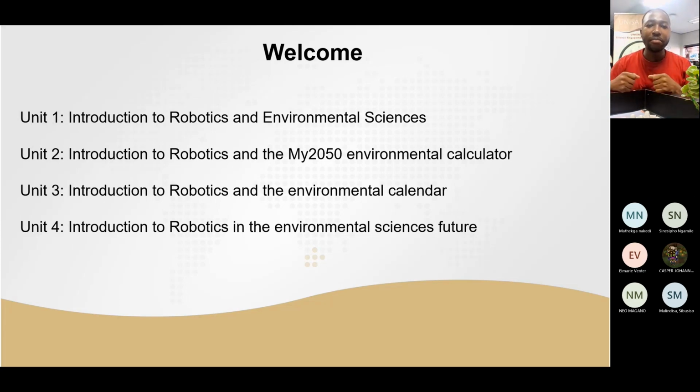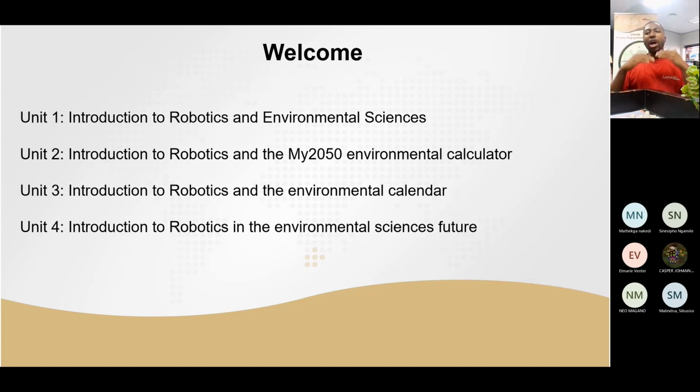introduction to robotics and the My 2050 environmental calculator. So here I spoke about the simulation app that we use to highlight climate change. The main aim of the simulation app is to introduce concepts such as climate change, global warming, and I touched on terms that are normally used that we call greenhouse gas emissions.